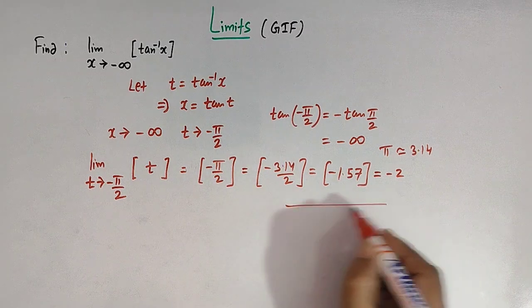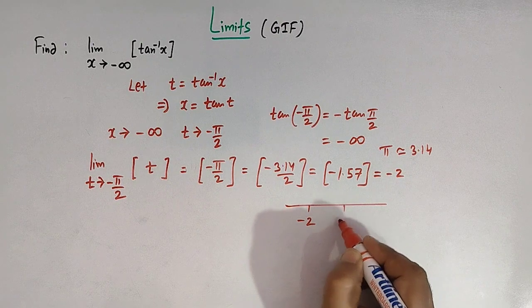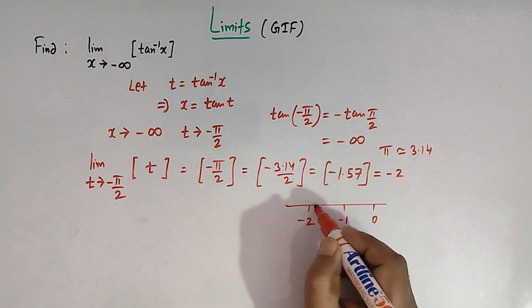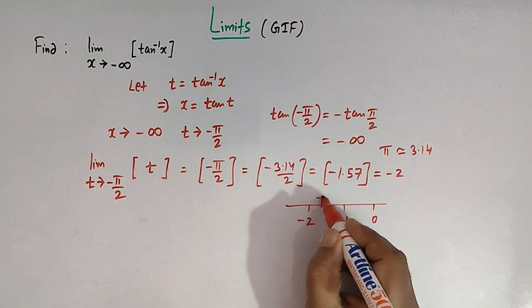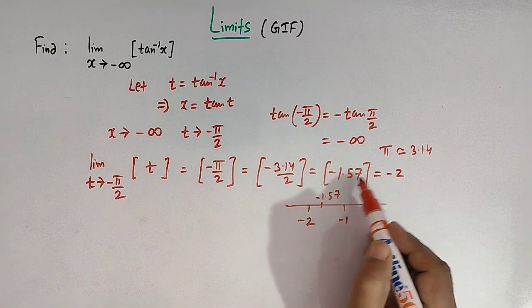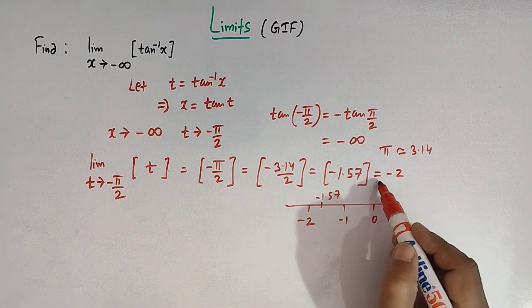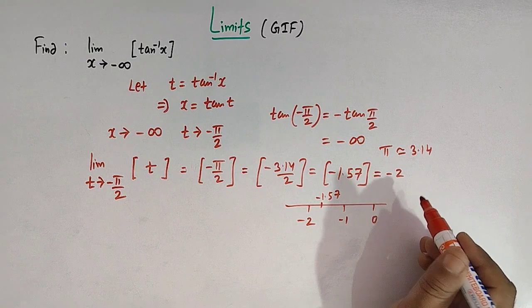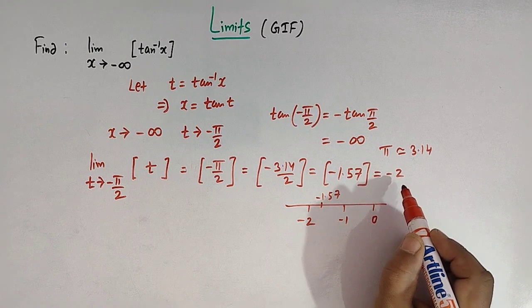See, here we have minus 2, here we have minus 1, here we have 0, so minus 1.57 lies somewhere here. So the greatest integer of minus 1.57 is equal to minus 2 by the definition of the greatest integer function.